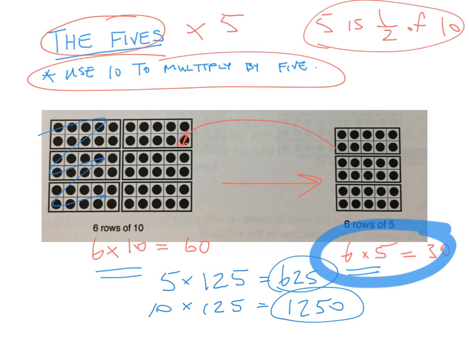Let's look at one more example. Let's go over to the next page and let's do 5 times 1.5. Well, I know that 10 times 1.5 is equal to 15.